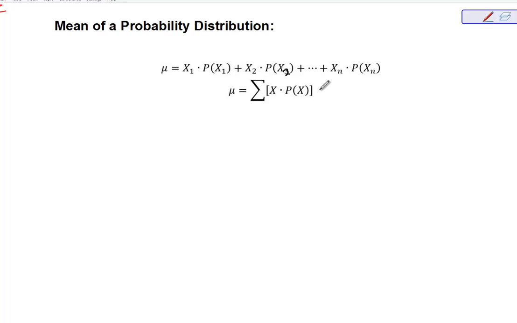This is another way of looking at the formula, and remember that this symbol right here just means sum, or to add everything up. Add up all of the possible outcomes times their probabilities. As I said, x1, x2, x3, all the way up through x sub n are our possible outcomes.